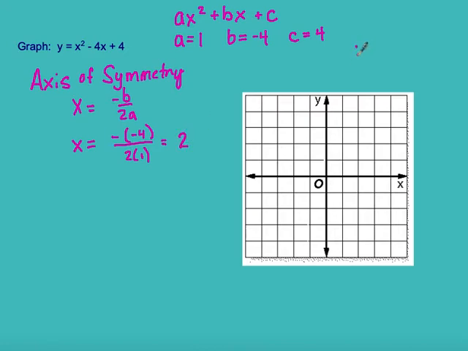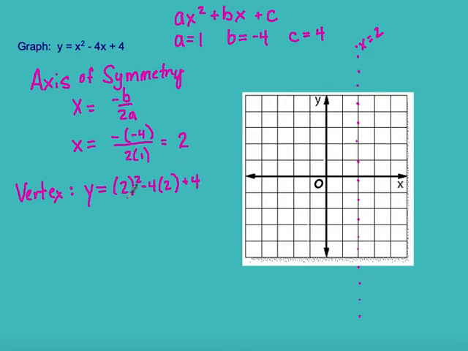So I can go ahead and draw my imaginary line here, and that's where my axis of symmetry is located. That's also where the x value of the vertex is located. So to find the vertex, I'm going to plug 2 into the function. So y equals 2 squared minus 4 times 2 plus 4.